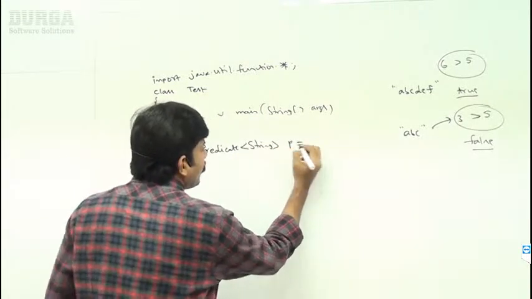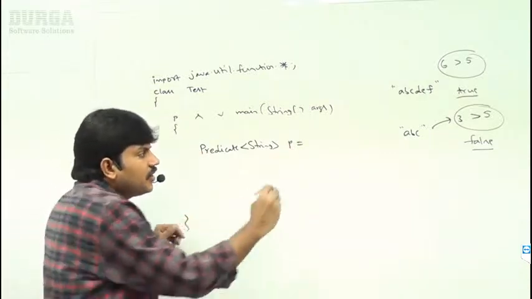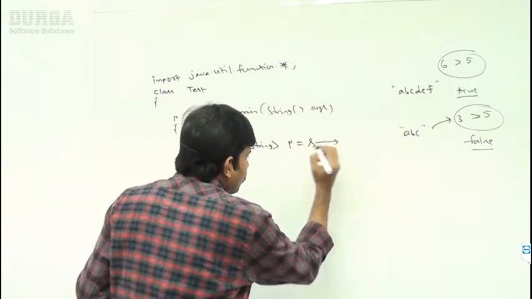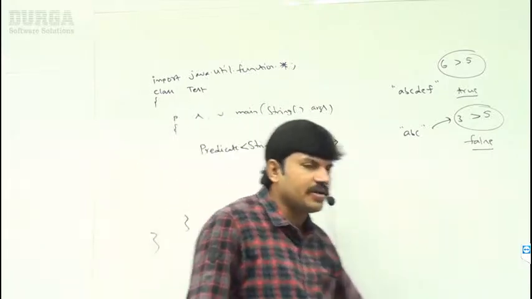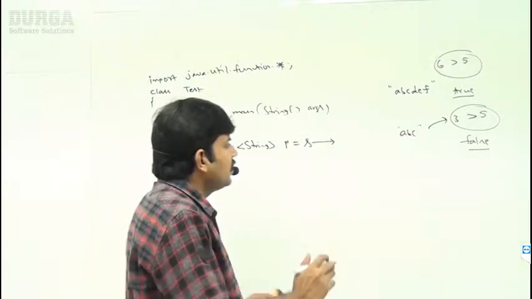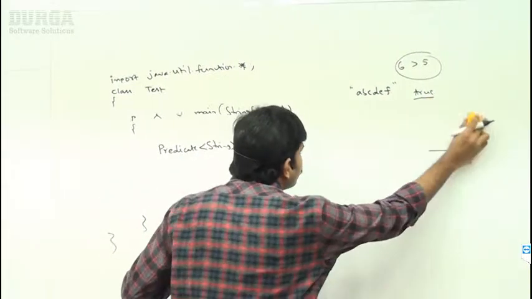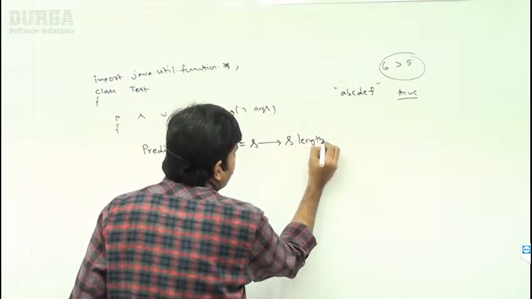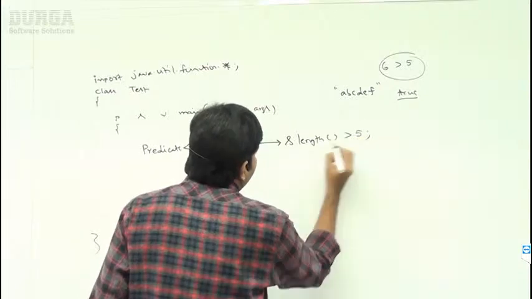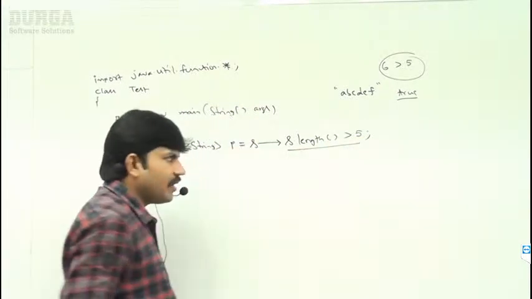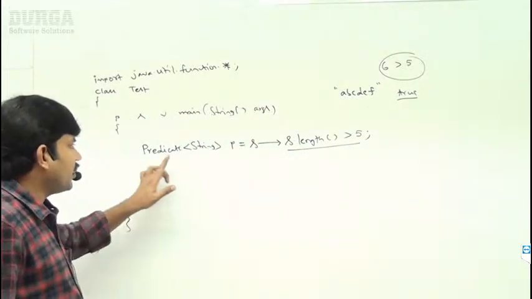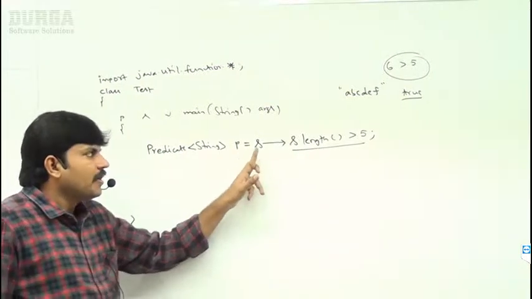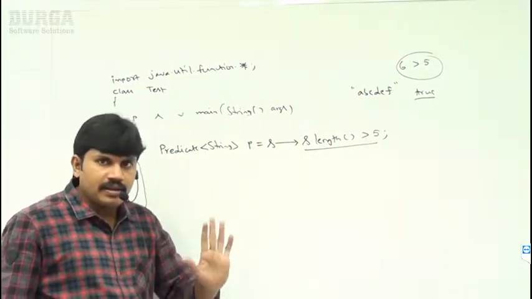Next, Predicate P. It will take some input, and it has to check s.length greater than 5 or not. Predicate of String P gives s.length greater than 5.